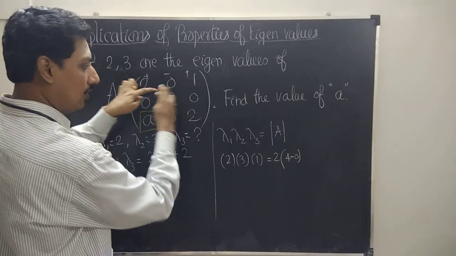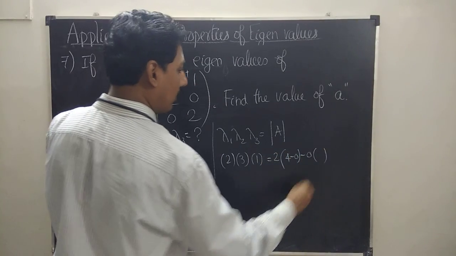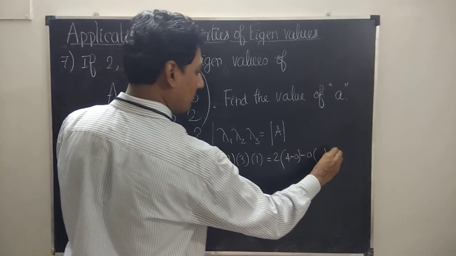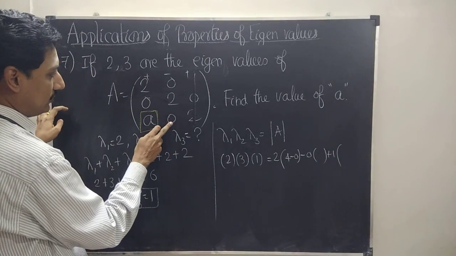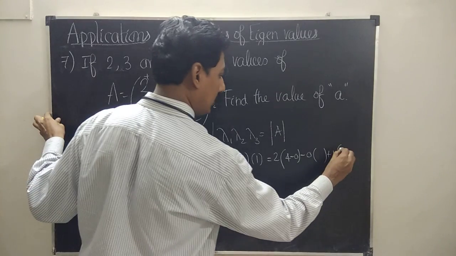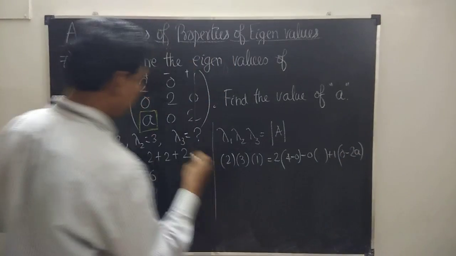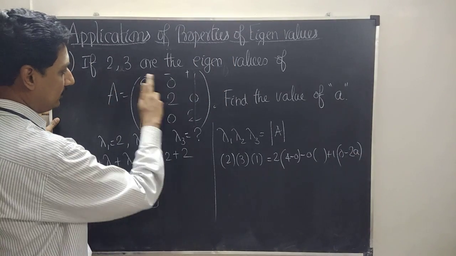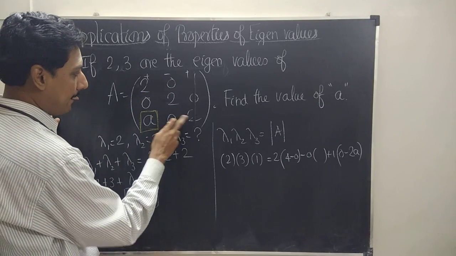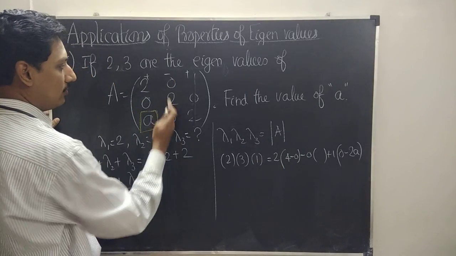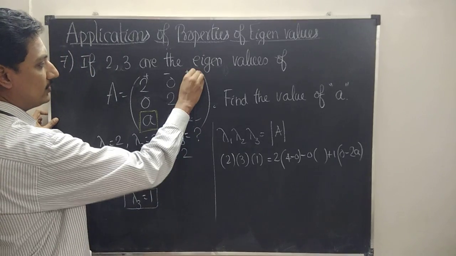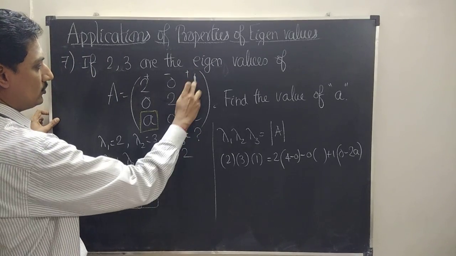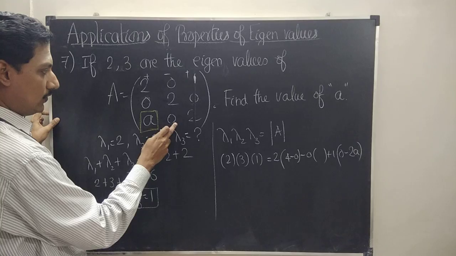The middle term is multiplied by 0, so I don't need that term. Finally plus 1 into, eliminating this row and column, 0 into 0, 0, minus 2a.